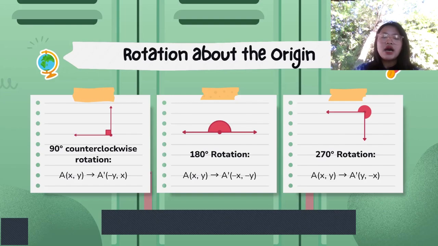For a 270-degree counterclockwise rotation, A(x, y) becomes A'(y, -x). During rotation, the size and shape of the figure remain unchanged.